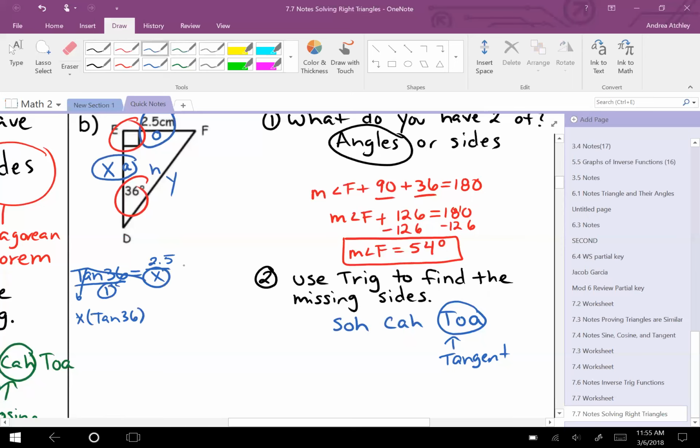And then 1 times 2.5 is 2.5. Divide by the tangent of 36. And we get X equals 2.5 over the tangent of 36. Okay, plug that into your calculator.